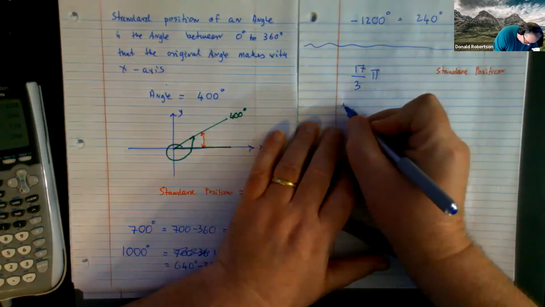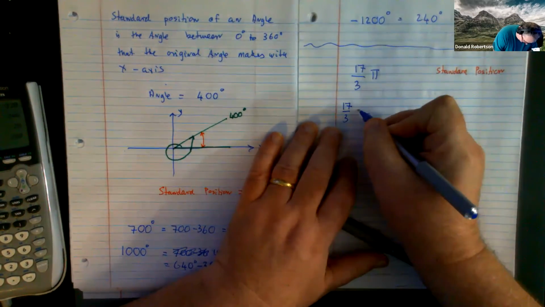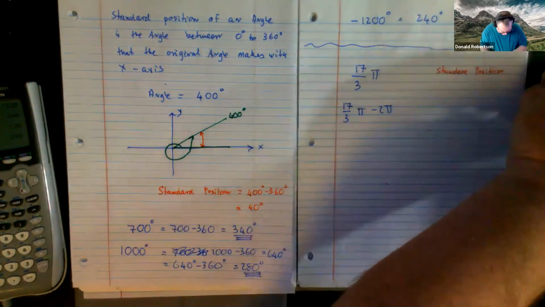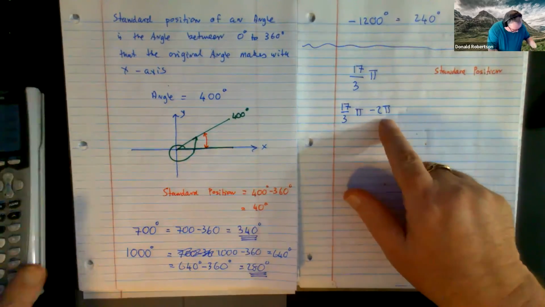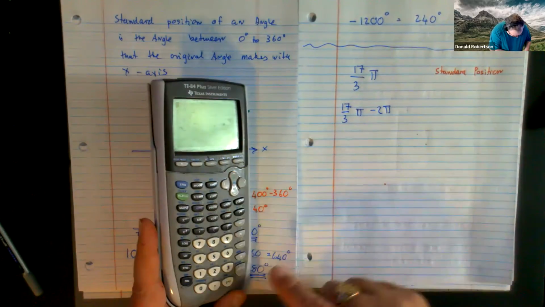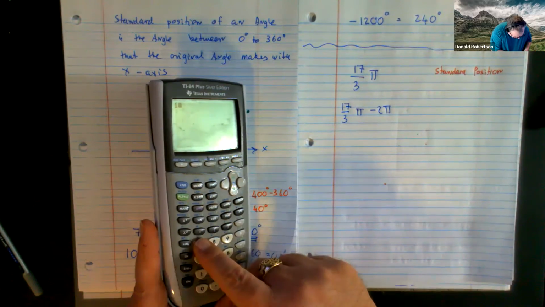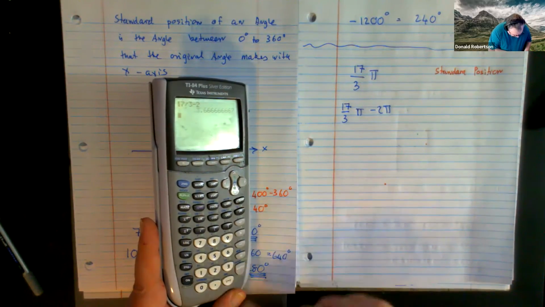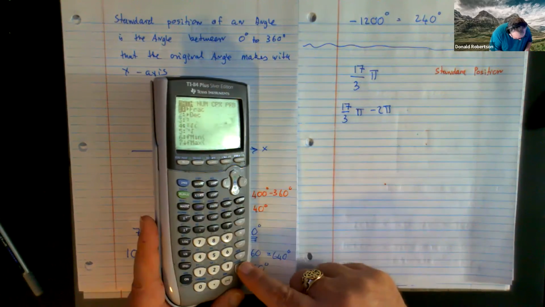So for notes, I'm going to do this. Now, for convenience on a calculator, it's probably a good idea to pretend the pi's aren't there. So what I'm going to do is 17 thirds, take away 2, and then turn that into a fraction.